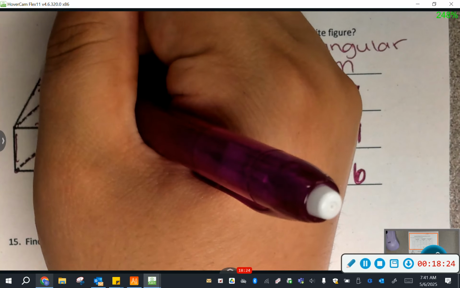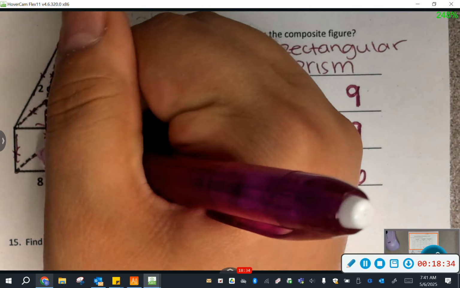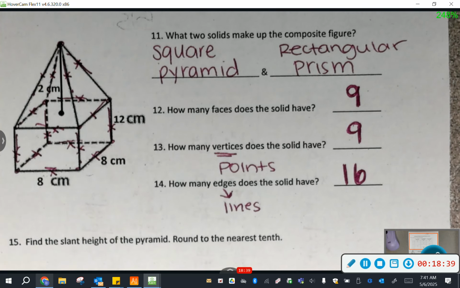If you want to mark them with little X's, and I also go in a rotation as I'm doing it so I don't lose sight of which ones I counted. That looks like a crazy shape now.